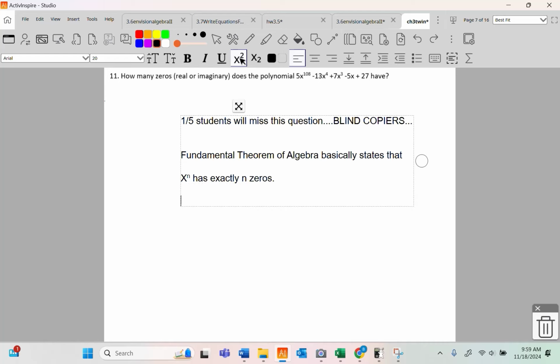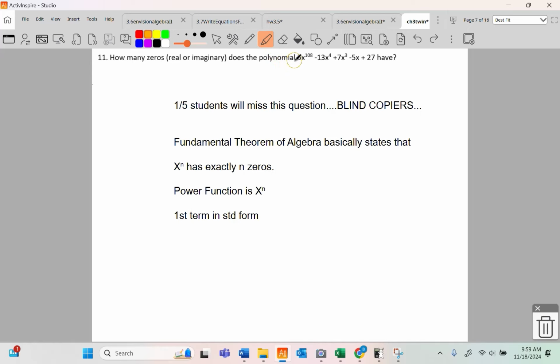Now, this x to the n is the power function, and the power function is the first term in standard form. So the only thing I will look at is this guy right here. I am looking entirely at 5x to the 108th. I'm not paying a lick of attention to anything else.